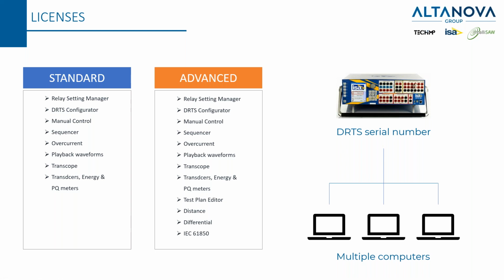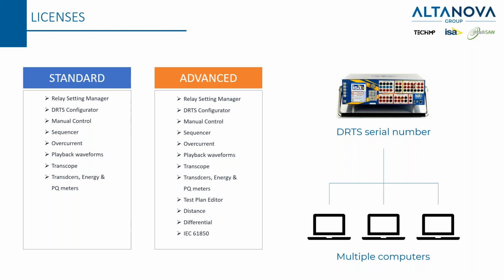So if you already had an idea of the price of the device, you asked for a quotation in the past, you will see that for the same price as we did in the past, we always provide, together with the instrument, the full platform.